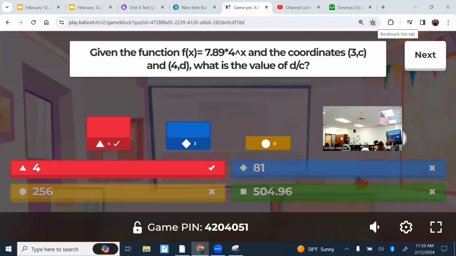Might have just ran out of time. That's what I'm gonna go with since I had so few answers. Of course, you'll have more time tomorrow. We just have to fit this in our short Monday. So we have an equation, we have some coordinates, and we're being asked what the value of d over c is. Table 1, what do we know about coordinates that can help me solve this?